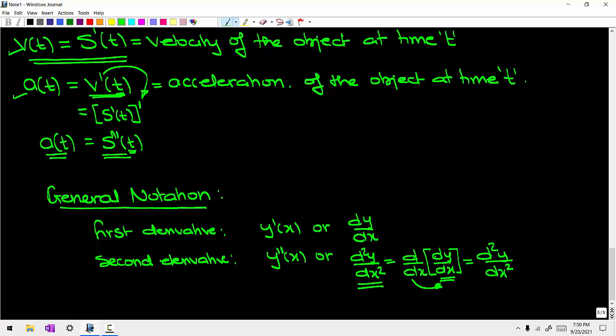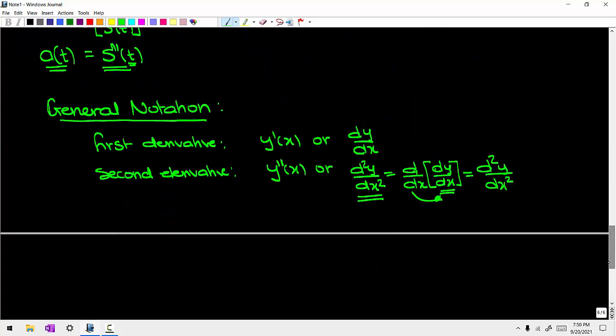Anything above the second derivative, we use a different notation. For the third derivative and higher, we write it this way with parentheses 3 on the y. If it's the seventh derivative, we would write it this way, and so on.